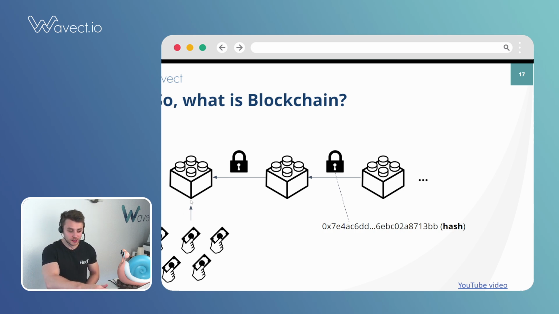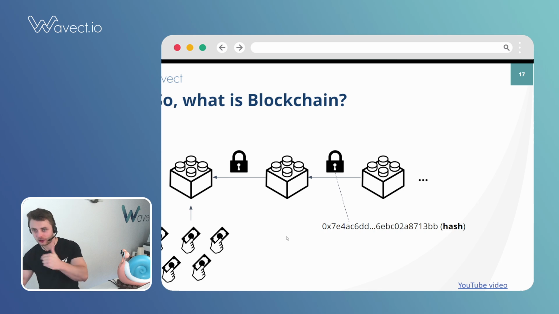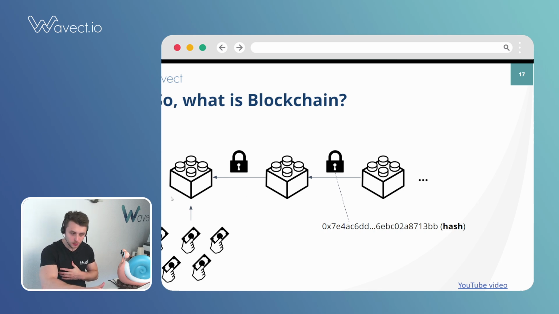If you create such a block, you have your hash, and then you create a new block with a new set of transactions, and that's why it's called a blockchain. You also include the old hash into your new hash.